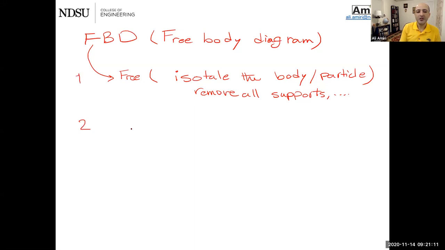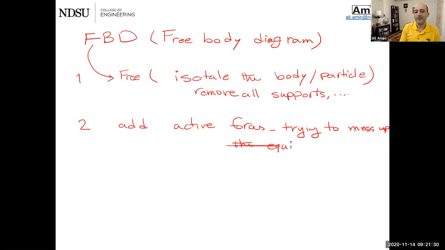Step 2 is add active forces. These are the forces that are trying to mess up the equilibrium. In other words, forces that are trying to move the object, move the body, move the particle.